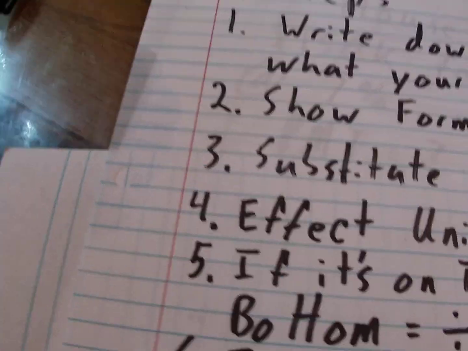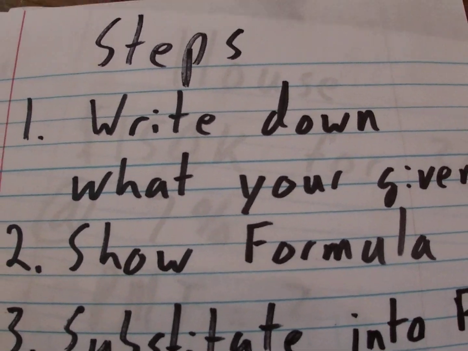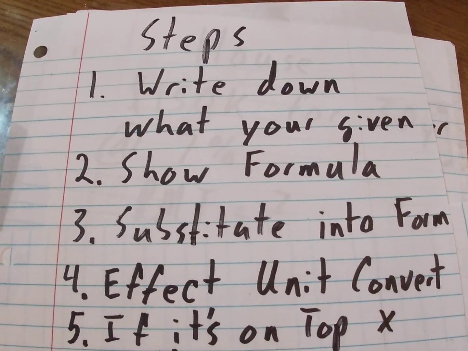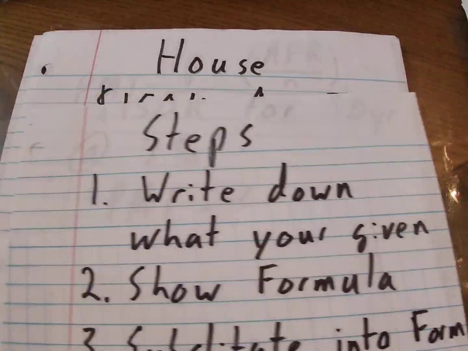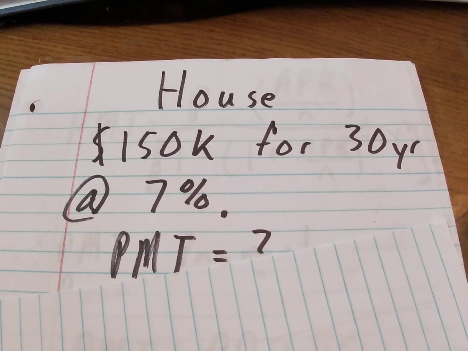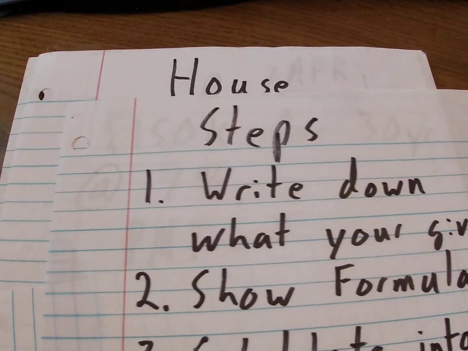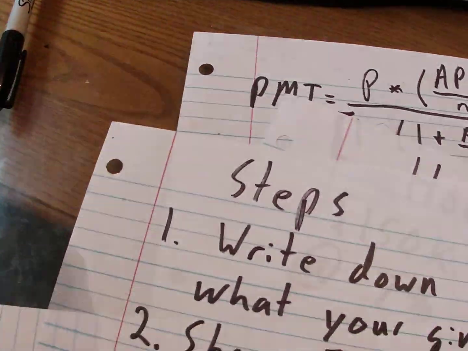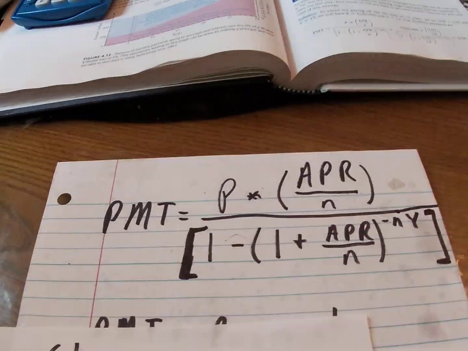Okay, so here we go. You should be familiar with this page, the steps page, and we've talked about this before. First, write down what you're given: $150,000 for 30 years at 7%. The second thing, show your formulas. There's my formula.